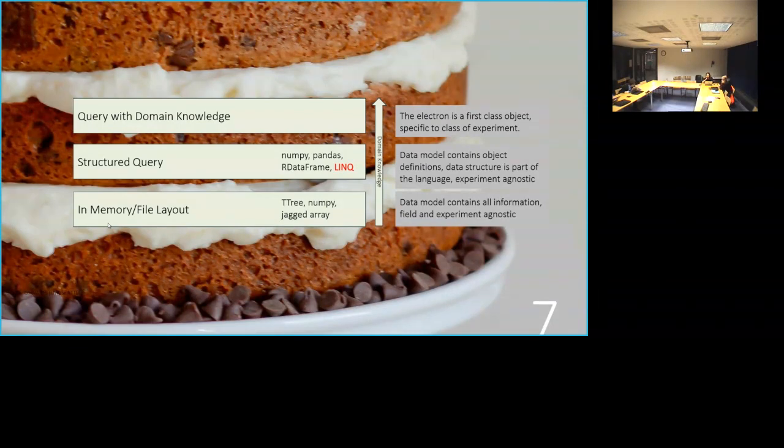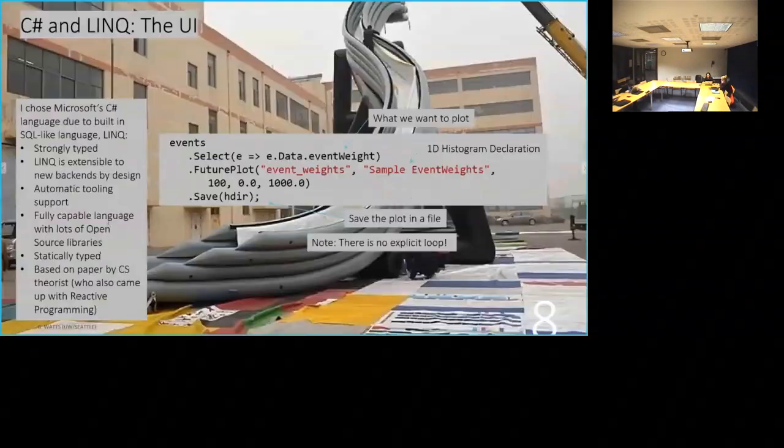When you have domain knowledge built directly into things, then it's less of an opportunity. And ADL somehow spans, I think, those top two, where its foot is more firmly in the top one, and the LINQ project I'm talking about spans those top two also, but its foot is more firmly in the structured query. So these are slightly different things.